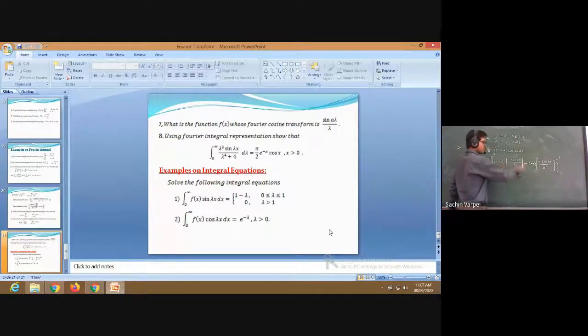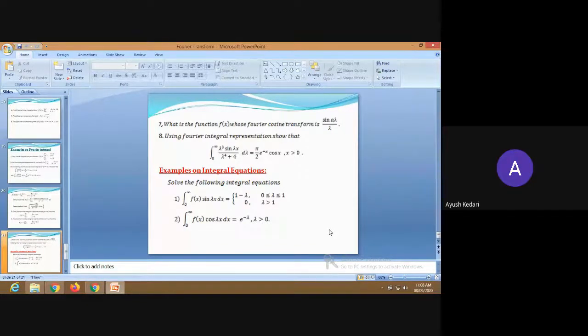Minus the whole thing at the lower limit, lambda equal to 0. So for lambda equal to 0, 1 minus 0 is 1, cos 0 will be 1, right? So 1 upon x. So minus 1 upon x. Is it okay? Sine at 0 is zero.